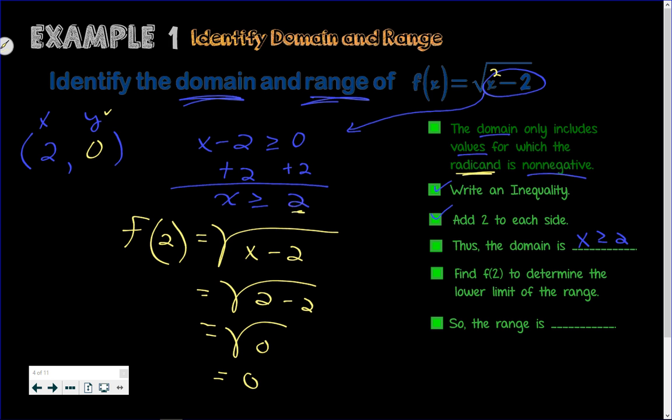Okay, so my output is going to be 0. What do you suppose my range will be? As x increases, what does y do? So it has to be all numbers greater than 0. Okay, so my range is y greater than or equal to 0. Does everybody see how we're finding all that? Pretty easy, right?